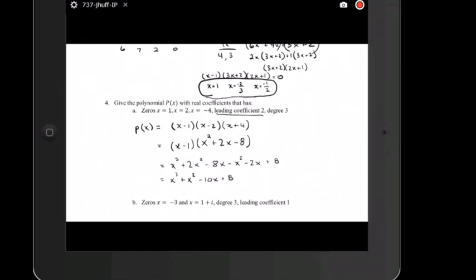And then this leading coefficient of 2. We would now take the whole thing and multiply by 2.